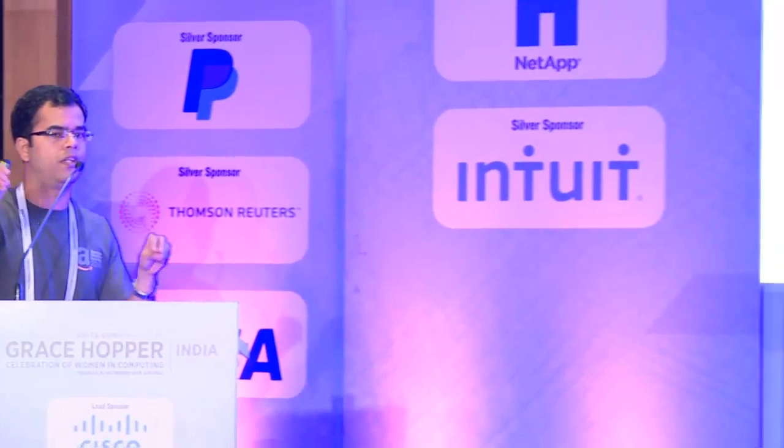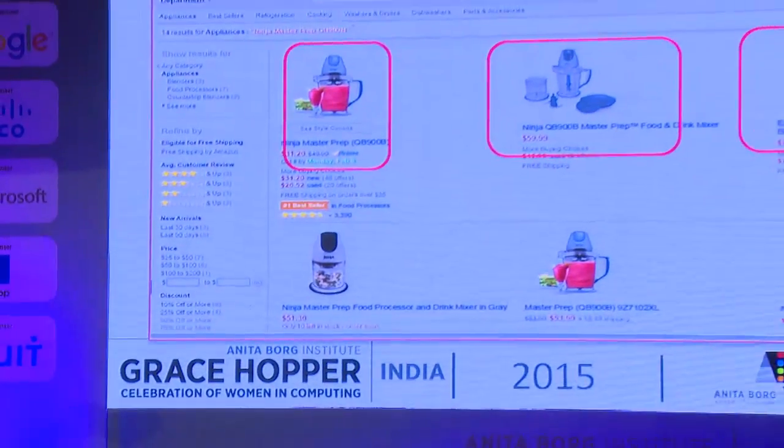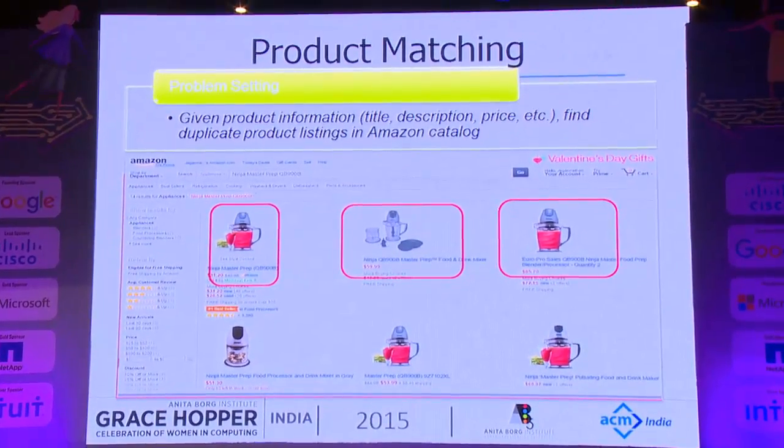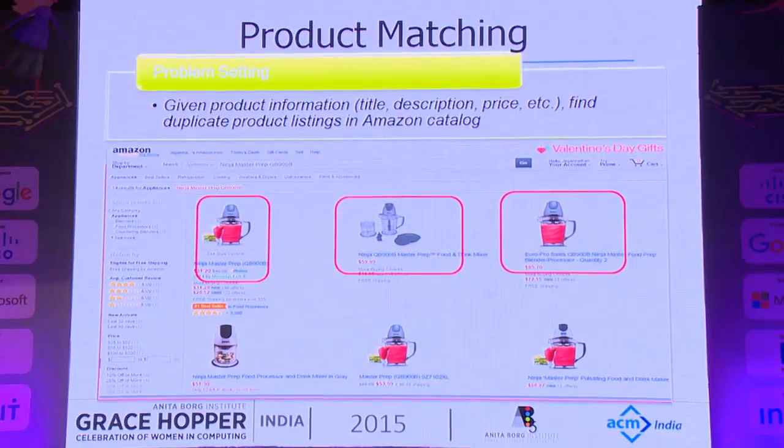Next slide, please. The other problem that I want to highlight is product matching. That is also a very key problem considering the scale that we work at. There are millions of products, and millions of products come in every month or every year. We don't just want to put them in the catalog. We want to assign them to the right place and match them to the products which already exist in Amazon in order to remove the duplicates, because the cleaner the catalog is, the better our search and customer experience will be.